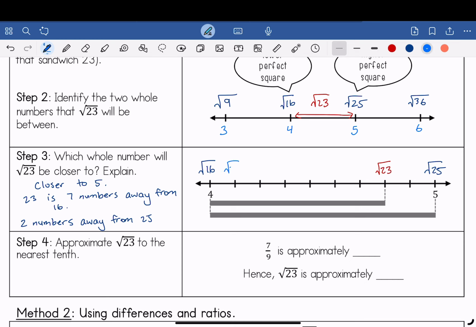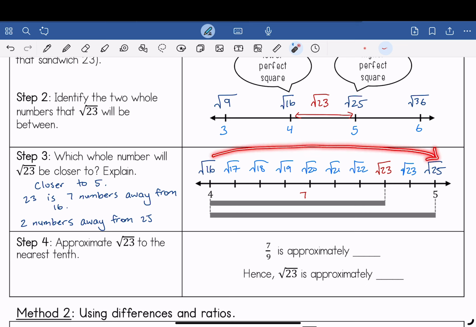Then this would be the square root of 17, up to the square root of 23. The difference between 16 and 23 is 7. And the difference from 16 all the way to 25 is 9. So the ratio that it takes from 16 to 23 out of the span to 25 is 7/9.